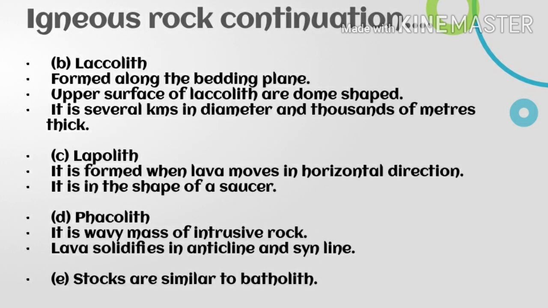The second type of plutonic intrusive igneous rock is the laccolith. Okay, and it is formed due to the intrusion of the magma in the bedding planes. When intrusion of the magma takes place, at that time the overlying sediment is also arched, and the upper surface of the laccolith is rather dome shaped because of the arch, while the bottom part is rather flat.